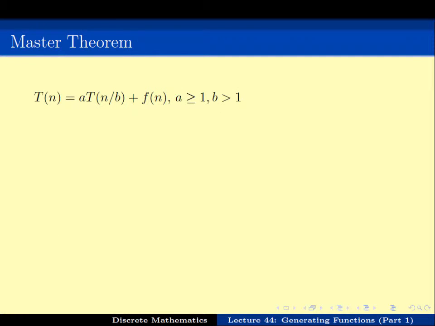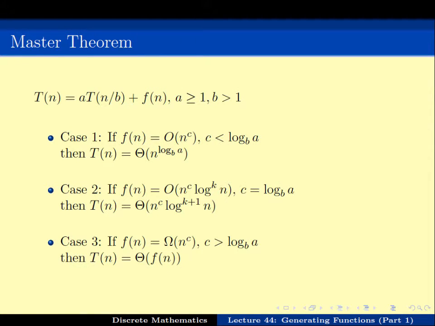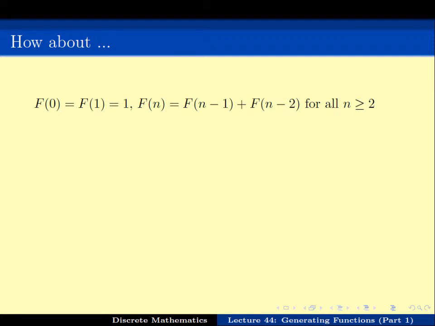And we saw that there is the master theorem which can help us to guess the solution easily, depending on some of the conditions. But still, we have certain recurrences for which we still don't know how to solve them.